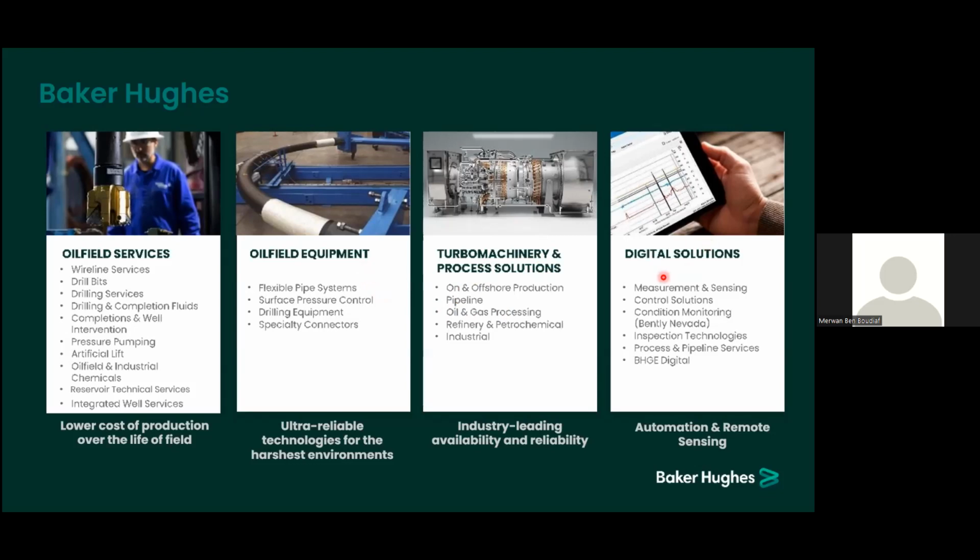They provide all measurement and sensing services, control solutions, and all kinds of inspection technologies. We also have what we call BHG Digital, which develops software solutions not only for the oil and gas industry, but also for other types of applications.